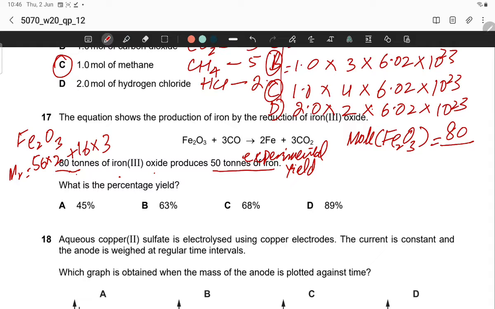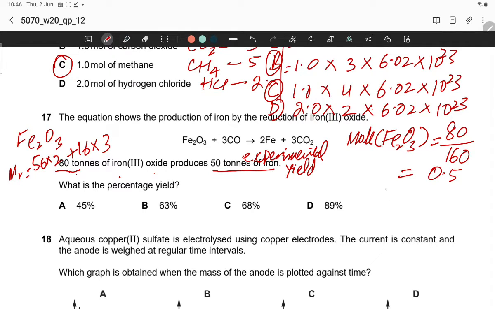So this is 56 into 2 is 112, plus 48, equal to 160. So 80 divided by 160 is equal to 0.5.